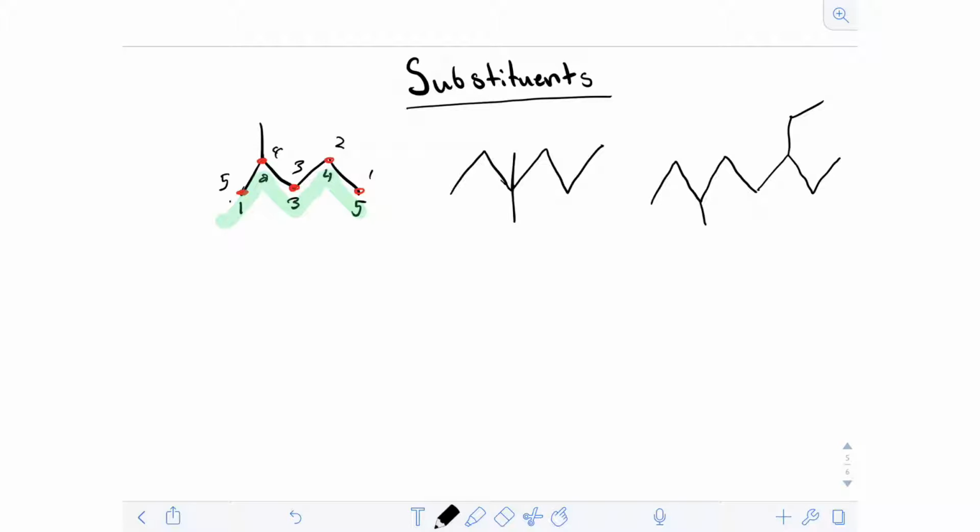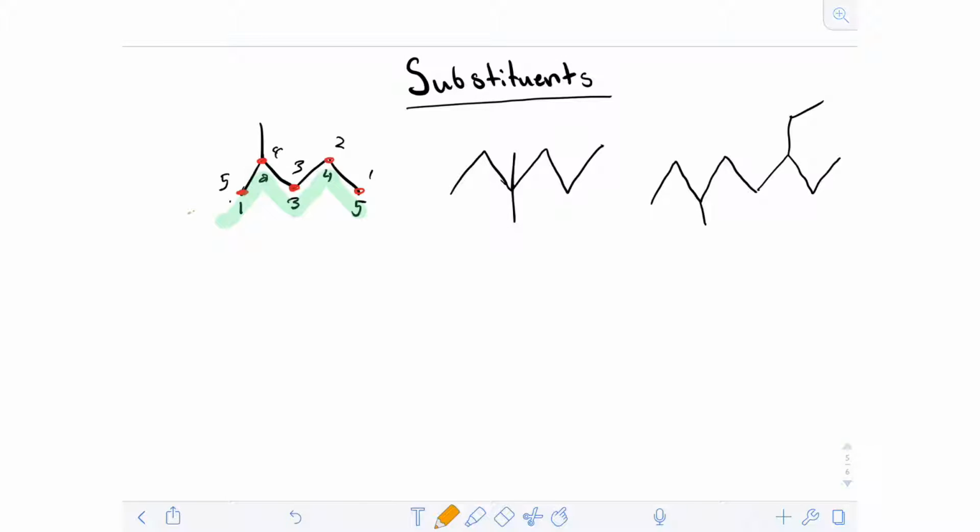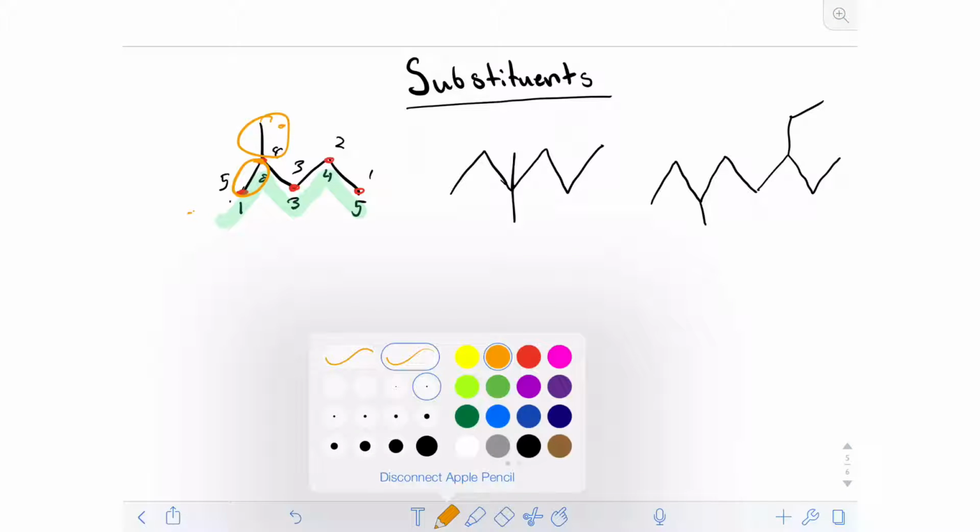Some may ask, can this one right here be our substituent? Yes, it can. This one can also be our substituent. It honestly just comes down to choice, it really doesn't matter. Just in this case, this top one here is a lot easier.